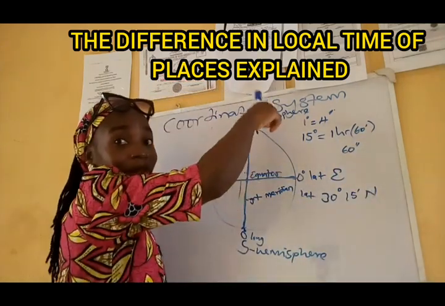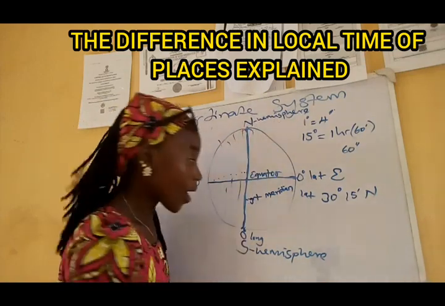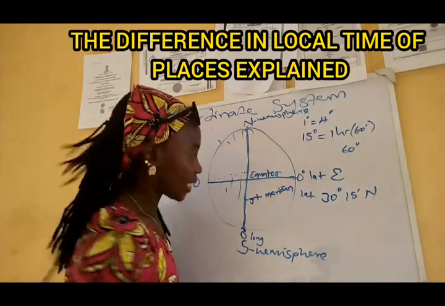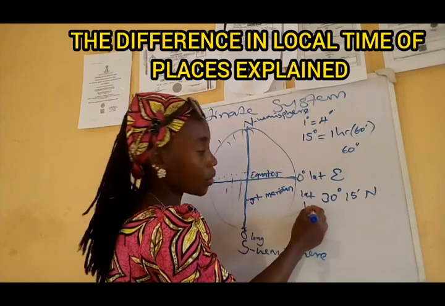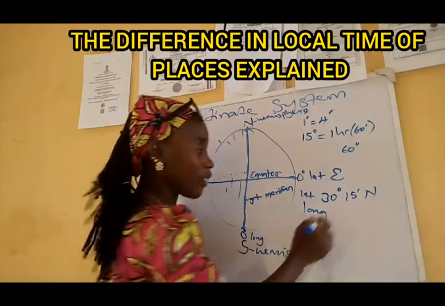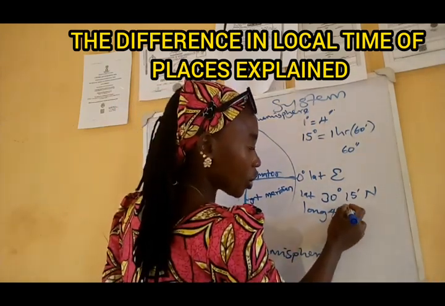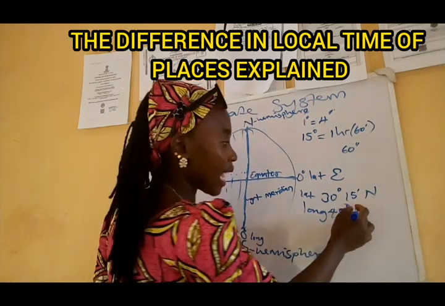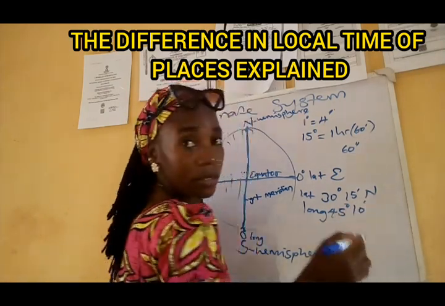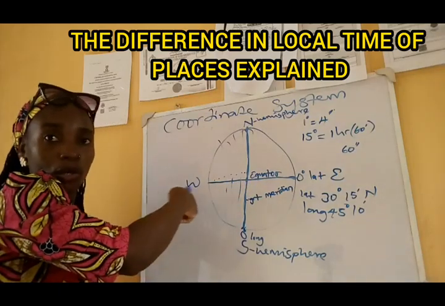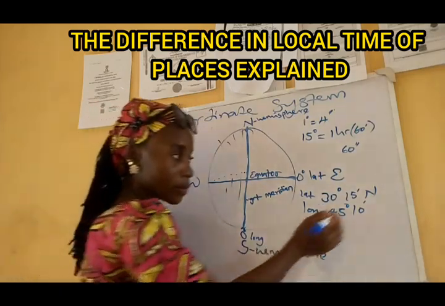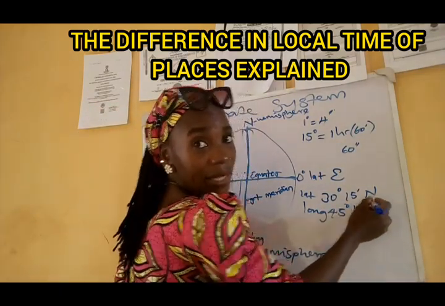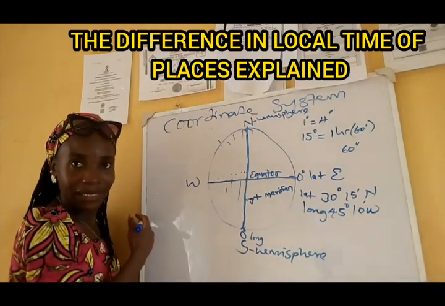Meaning at the northern hemisphere or south, and you say longitude, maybe 45 degrees, 10 minutes, and to the west, meaning towards this side.